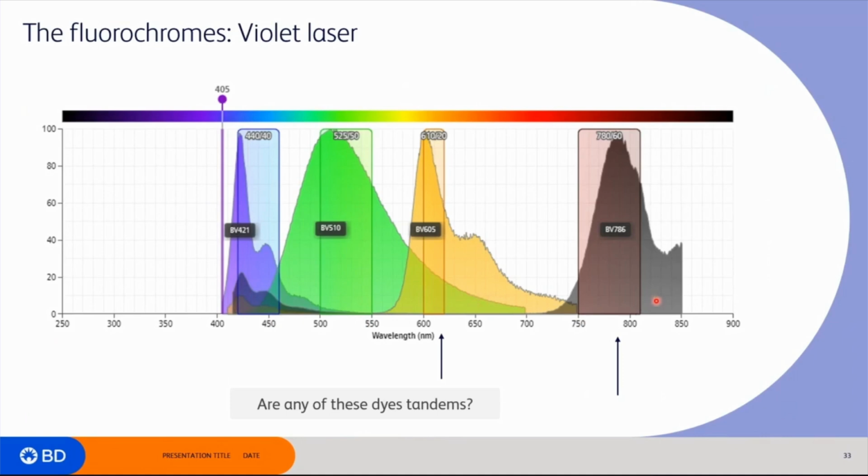So yes, they are indeed tandem dyes, but their names are not intuitively named, and you don't see a typical donor and acceptor in the name. And in this case, BV421 is the donor of BV605 and BV786.